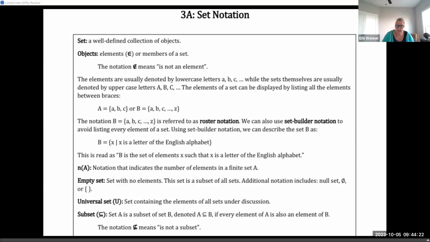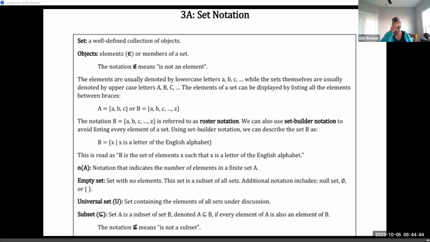There's a lot of notation, right? There's a lot of new symbols that you might not recognize. So just go slow with it. It's going to take a little while to get accustomed to it, okay?